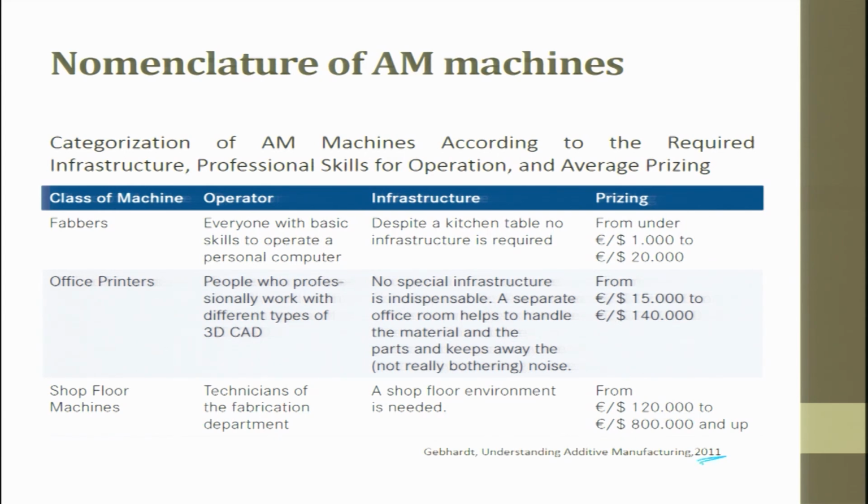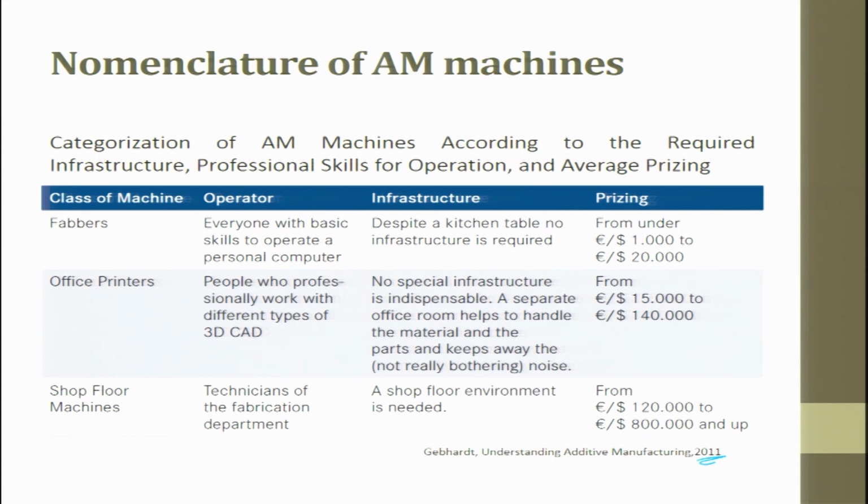This was done in 2011. Today, of course, there are new machines getting added, but the classes are almost the same, and the operator skills are also getting shifted. That means to say, today artificial intelligence has become more handy and it has been customized for applications. So the skill of a labor is now tried to be pushed towards the machine intelligence itself.